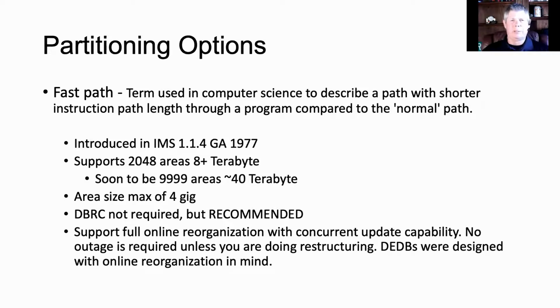I think it came out in 15.2, but it's going to 9,999 areas, which is greater than 40 terabytes. It's a huge amount of data. It supports a max of 4 gig per area, and you'll note that instead of partitions, they're called areas, so it's a little different, but not much.